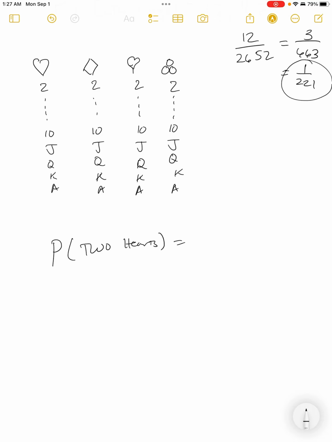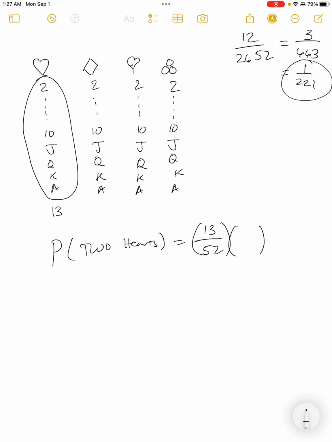But I guess that's not our situation, though. What we are doing is we got all 52 cards, and we want to know the probability of getting 2 hearts. So what is that? Well, as we look at this deck of cards, 13 of the cards are hearts. So 13 out of 52 is the probability that I'll get a heart on that first draw.